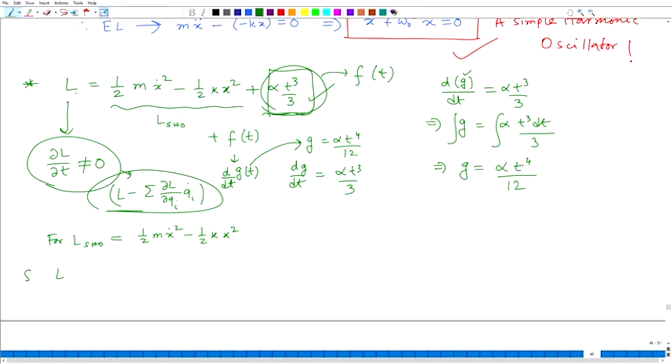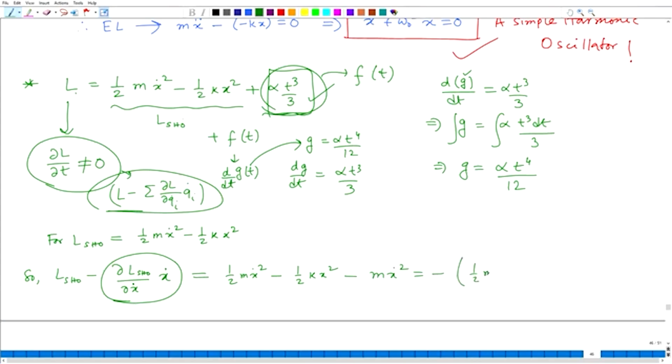So, L SHO minus del L SHO del x dot times x dot is nothing but half m x dot square minus half k x square minus m x dot square, which will be minus half of m x dot square plus half k x square. This is the total mechanical energy for a simple harmonic oscillator, which is conserved.